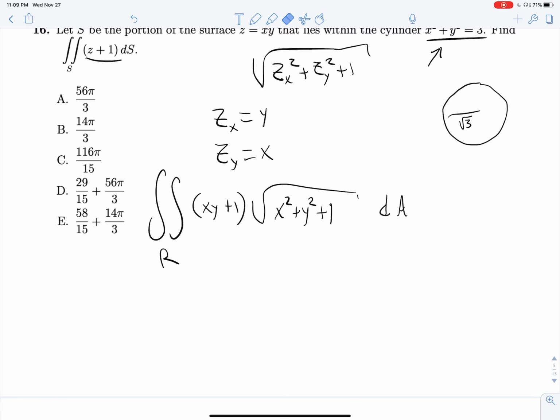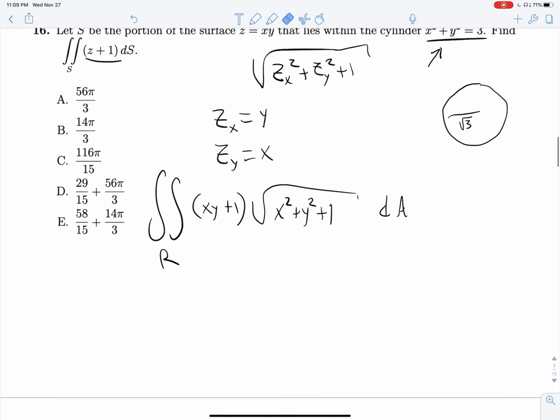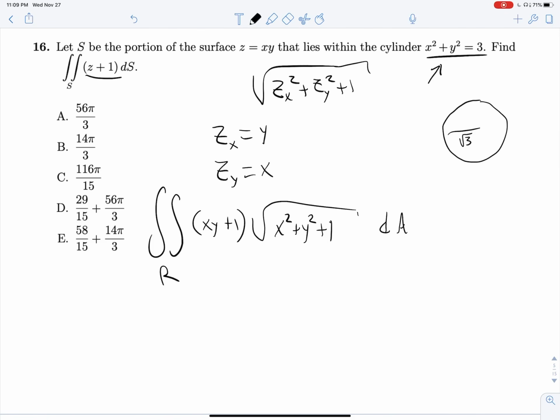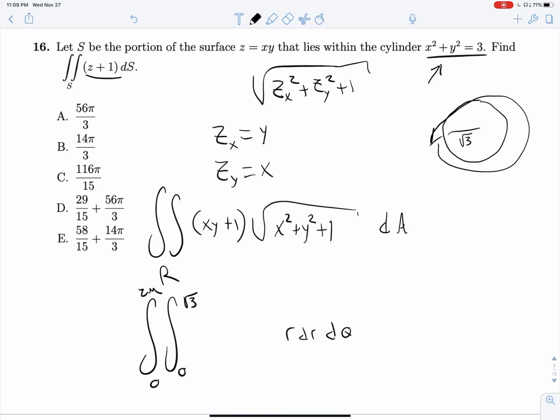Okay, so let's turn this into polar coordinates so that we can evaluate it. Our bounds end up being pretty easy because we know that we're just within the cylinder of radius √3, so r is going to run from 0 to √3, r dr, and then our theta is going to run from 0 to 2 pi because we'd like to have the entire circle over here.